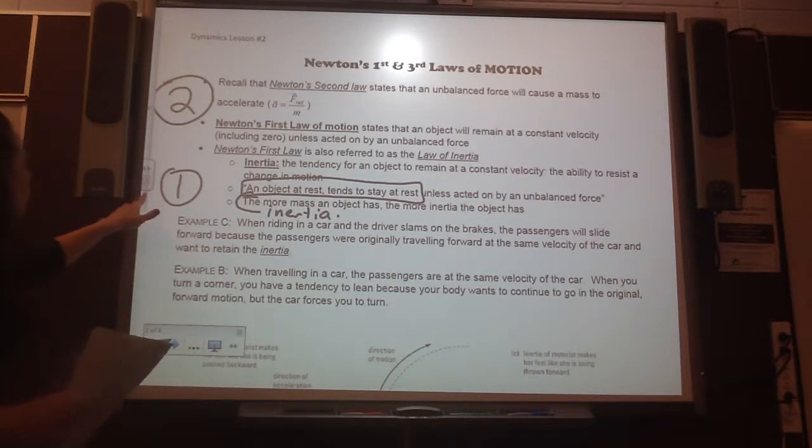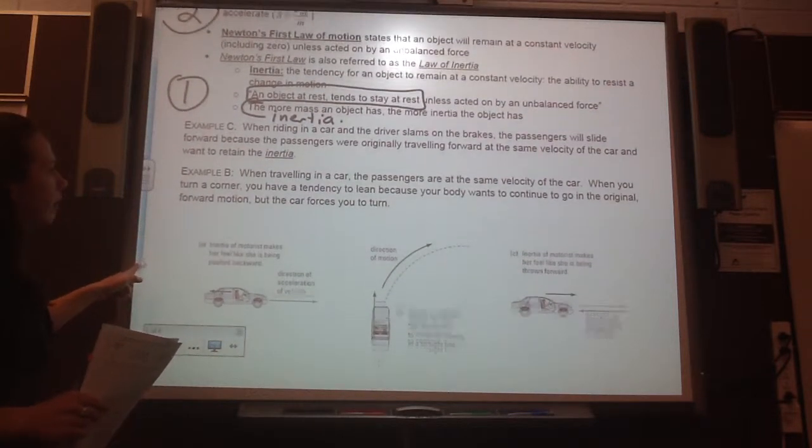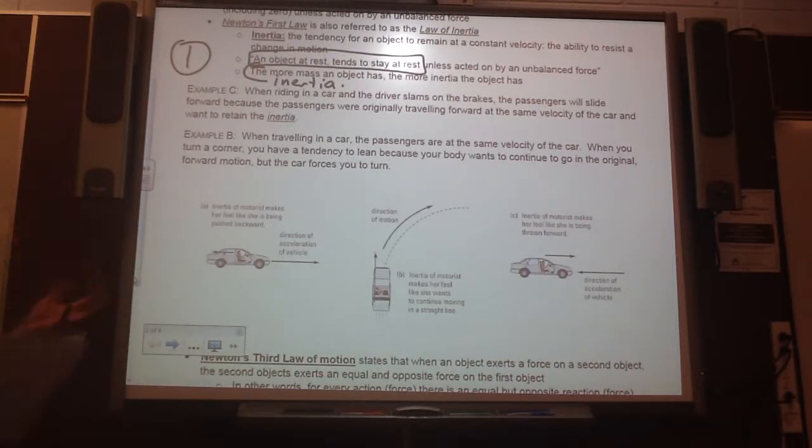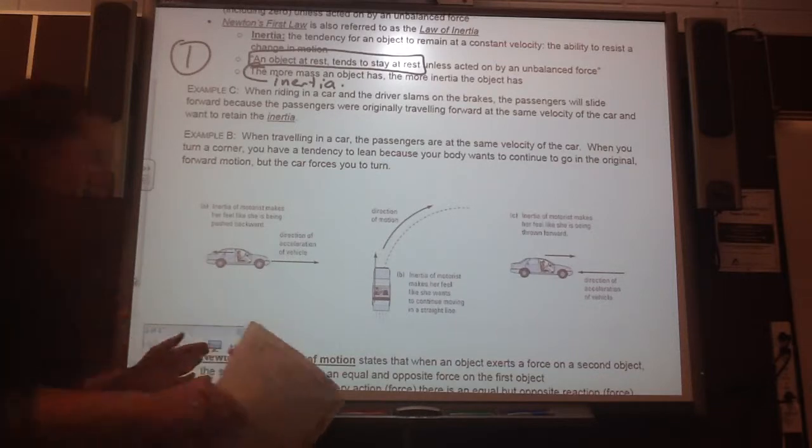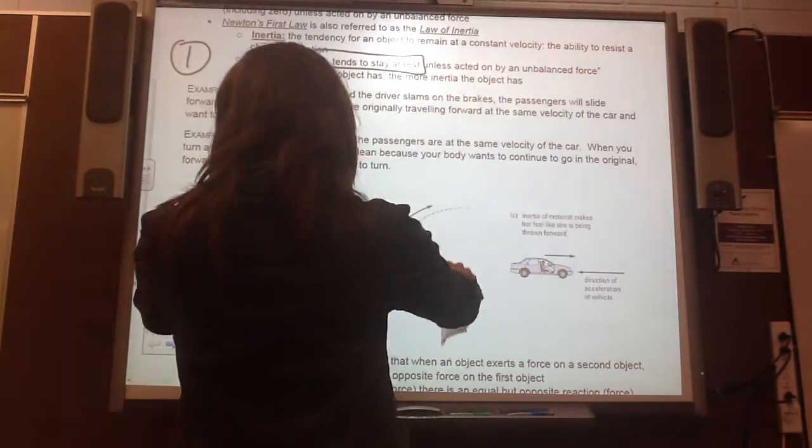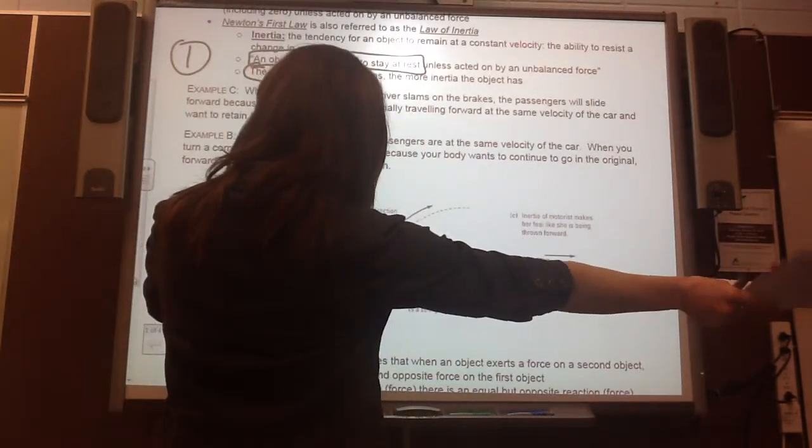Another example is, say you're traveling in a car and the passengers again are going at the same velocity. When you turn a corner, you have a tendency to lean because your body wants to continue in that original motion. So say we're driving along going forward and my car turns this way.